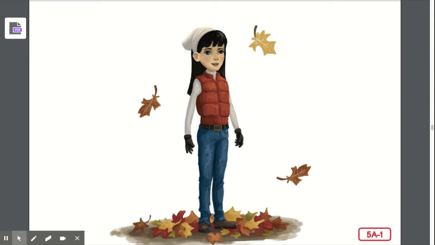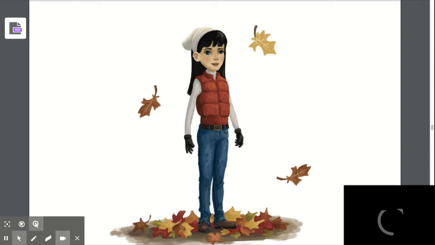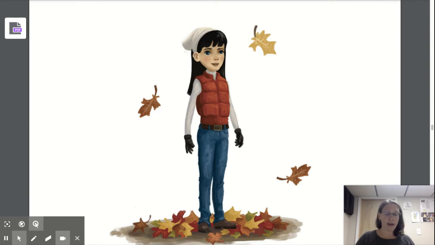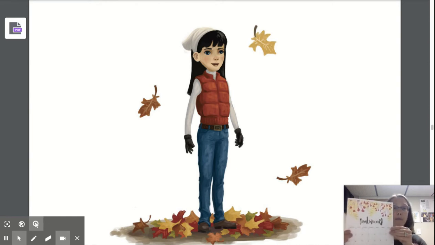Today's read aloud is called Autumn. Before we begin, let's take a look at a calendar again. Remember, there are 12 months in a year, and today's calendar month is December at the time of this recording.